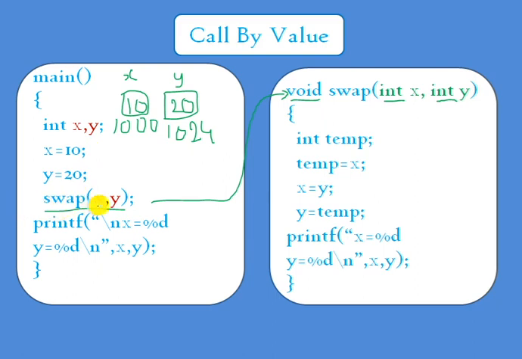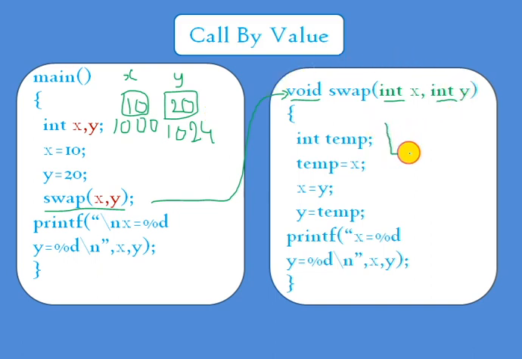When you send x, y to the function definition, this x value is copied into the x available in the function definition, and y value is copied into the y available in the function definition.